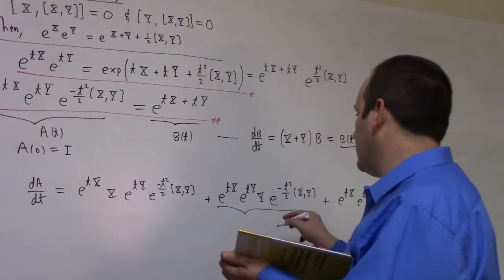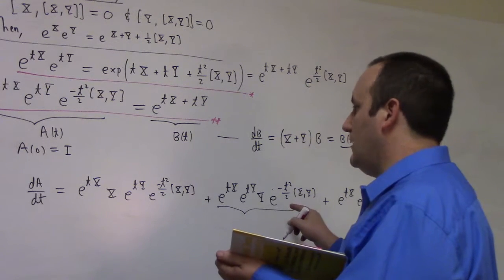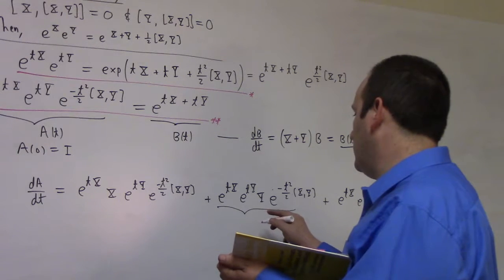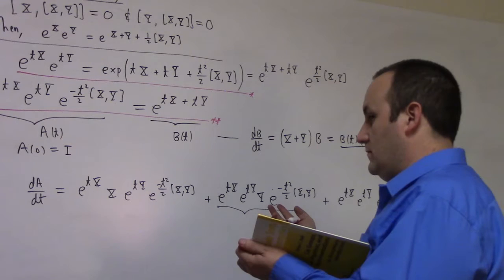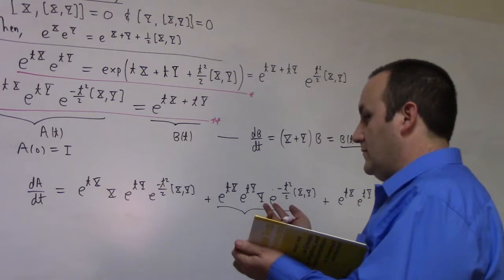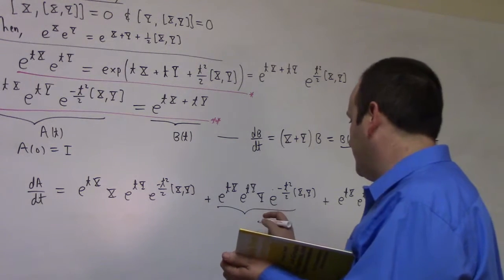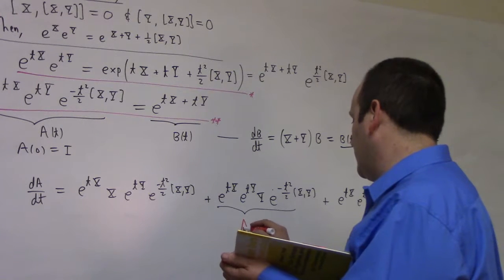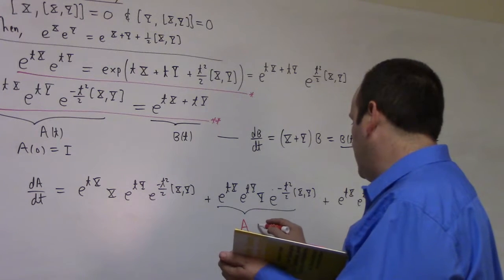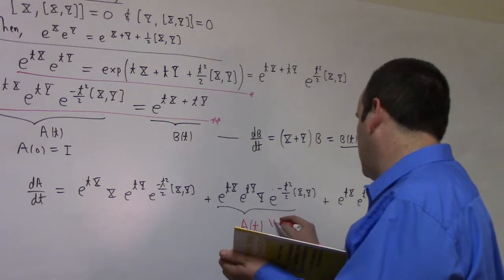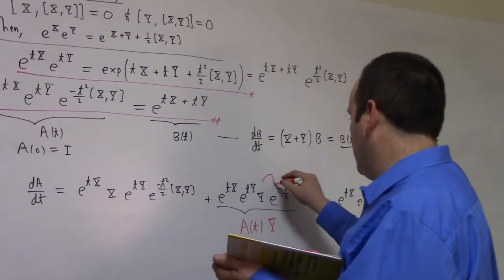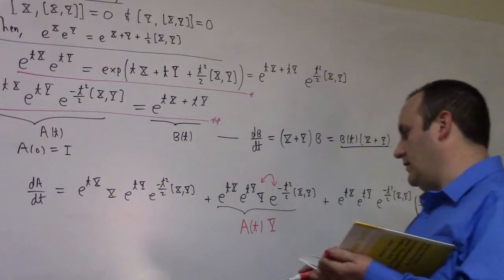I wasn't thinking about it like that, but once I flip these, then you're right. So this is the same as A of t times y. I see what you're saying, because you can flip these.